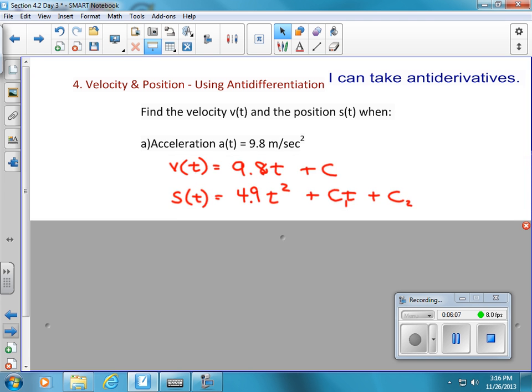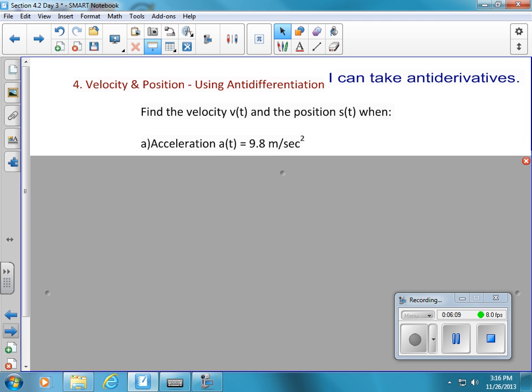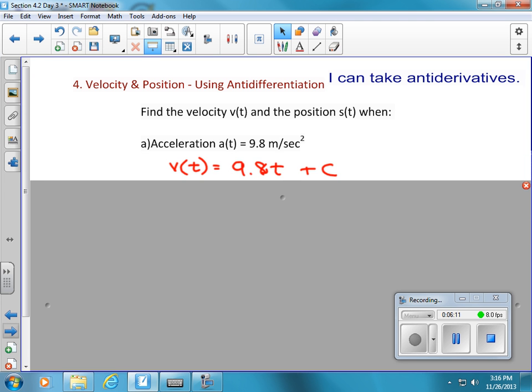Let's say we have an acceleration and we want to find the velocity and position. Well, we take the velocity, 9.8 t plus c, because remember the antiderivative of 9.8 is just 9.8 times t, and we add c.